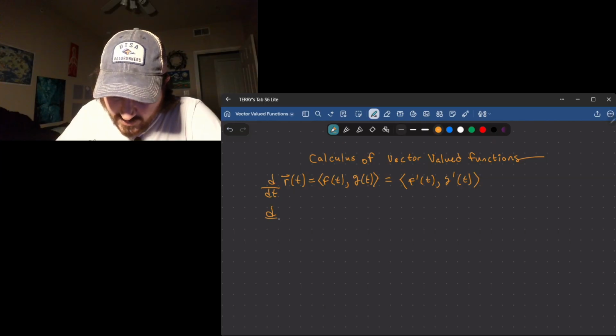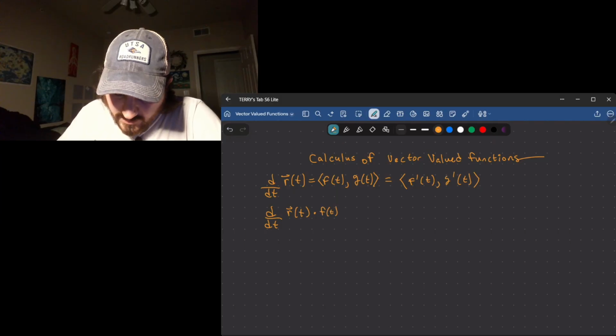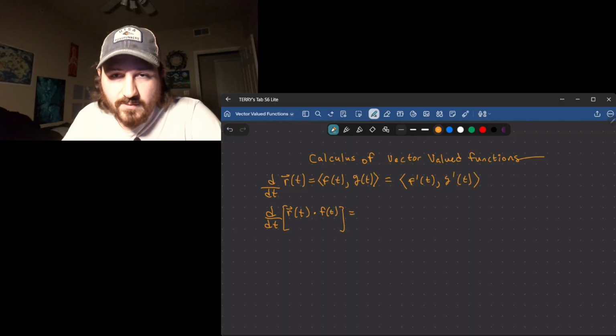And now let's look at, well, what if I want to take the derivative of some vector valued function times just some function of t? Well, I think your intuition here might lead you the correct way to say, well, that just looks like a product rule to me. And you know what? You're totally right.